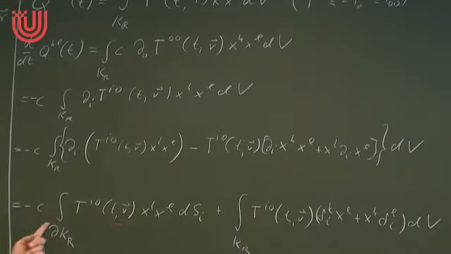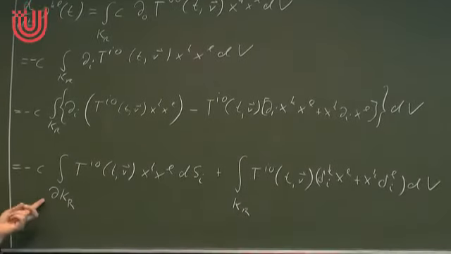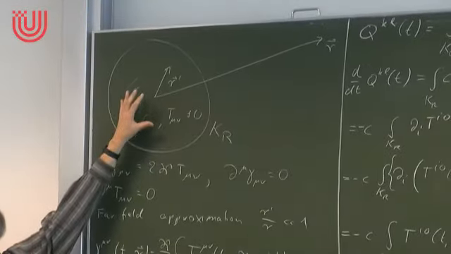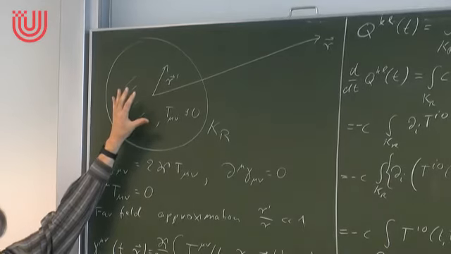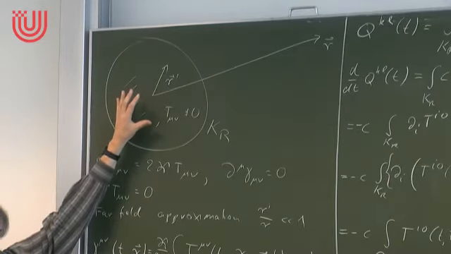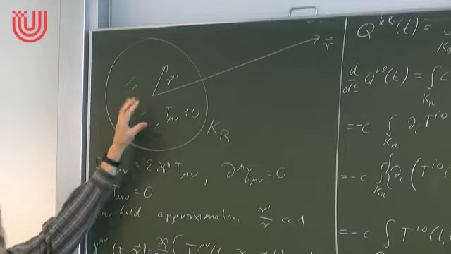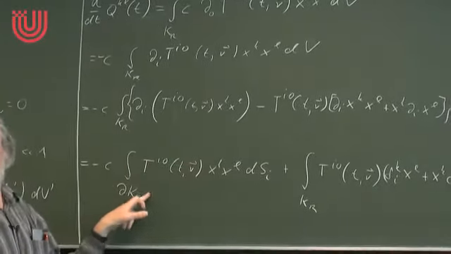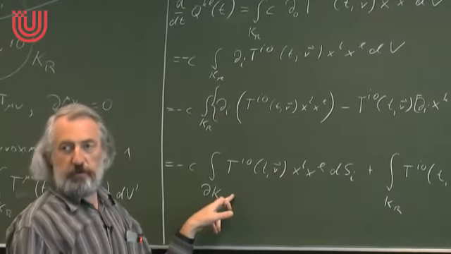And what's this integral? Question to the audience. What is this integral? Our energy momentum tensor is different from 0 only inside the sphere. And I'm on the boundary of the sphere. So this is 0 on the domain of integration, right? Because it's non-zero only inside the sphere.